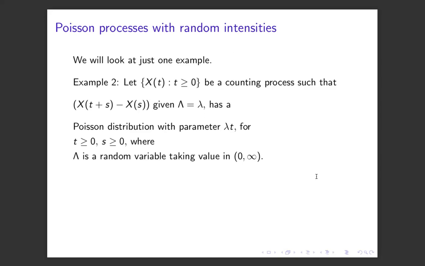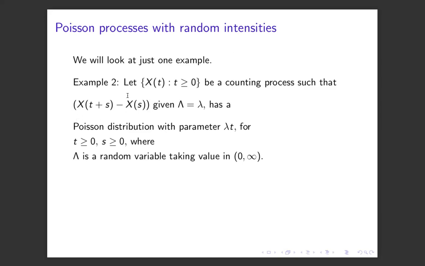With this thing that it is governed by a certain parameter, which in turn is itself a random variable. So given, let's say, the random variable capital Lambda equal to little lambda, X(t+s) minus X(s) has a Poisson distribution with parameter lambda t.